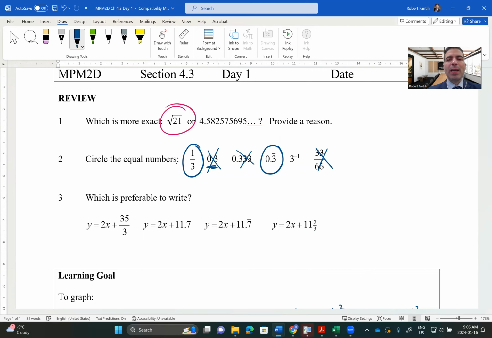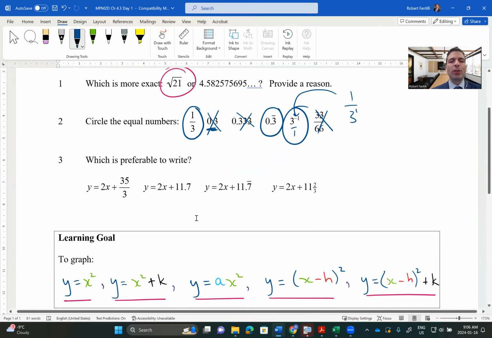That's not the same thing. And 3 to the negative 1, you might recall that the little negative means inverse. So there's an invisible 3 over 1 there, and we invert the fraction and make the exponent positive. So 1 over 3 to the power 1 is exactly the same thing. So that also is equal to 1/3.